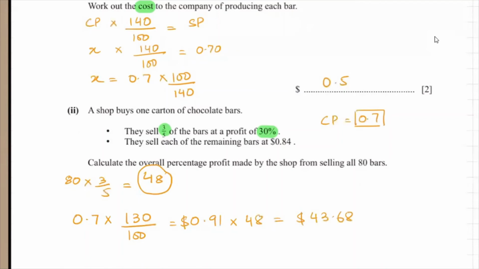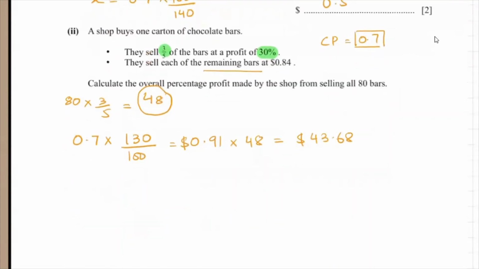Let's go back to the question. The question says they sell each of the remaining bars. What is the number of remaining bars? If 80 were total and 48 have already been sold, so 80 minus 48 equals 32. Now we're talking about these 32 bars.